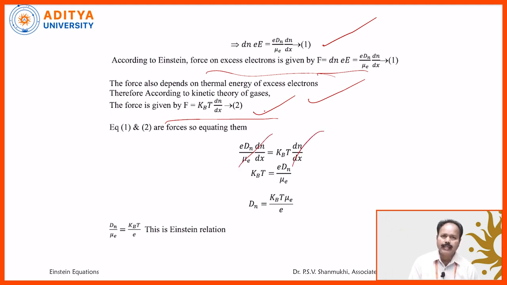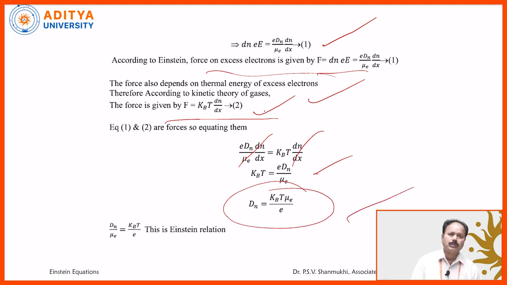You get kB T equal to e Dn/μe. Or what is the Dn expression? Dn is equal to kB T μe by e. This is the diffusion coefficient due to electrons, or else we can write Dn/μe equal to kB T/e. This is one Einstein relation.